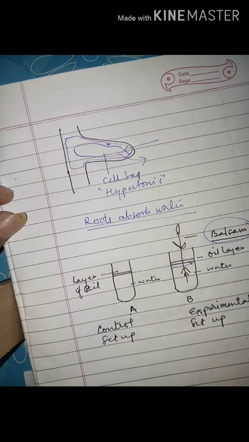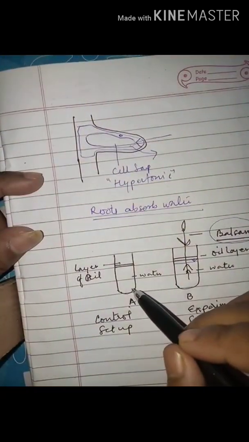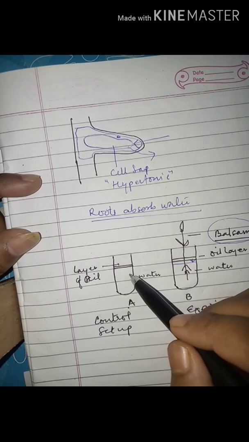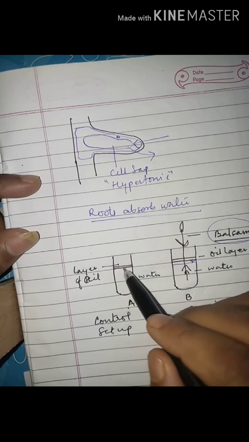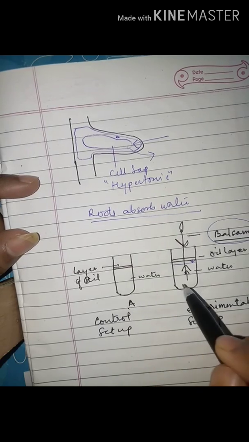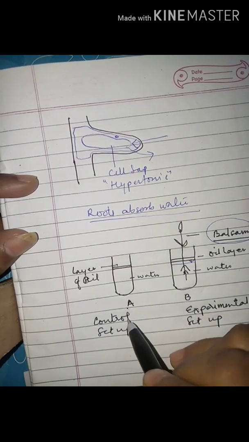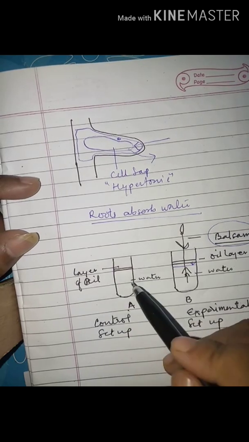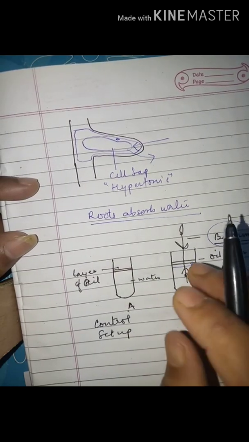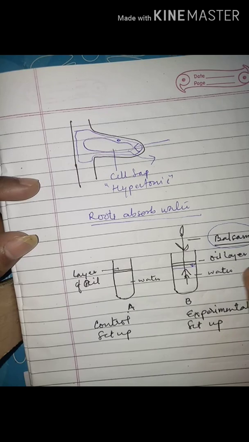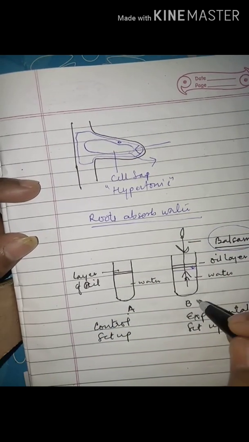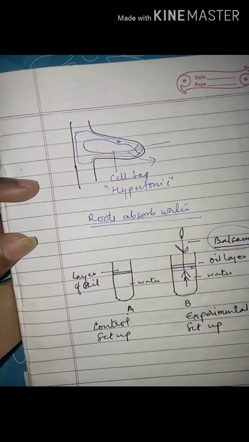Third, in test tube A, the level of water does not decrease or increase, it remains the same. This indicates that the control setup shows that the loss of water is not due to evaporation. Clear all of you? So finally it is concluded that roots of the plant absorb water.